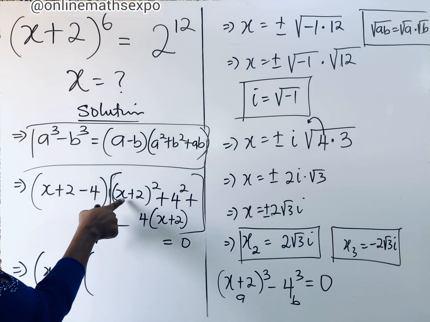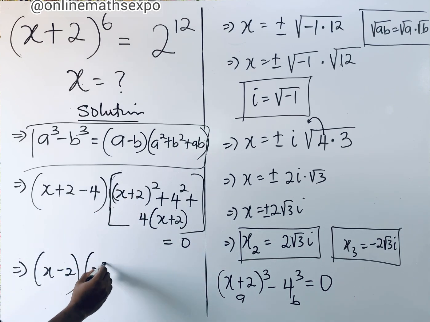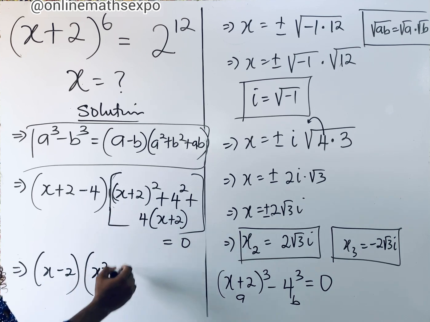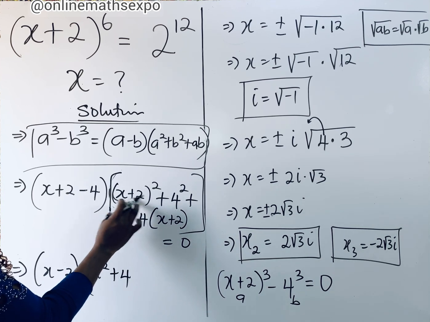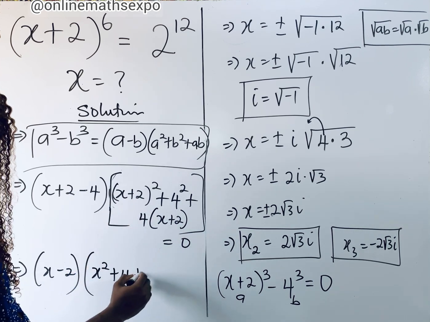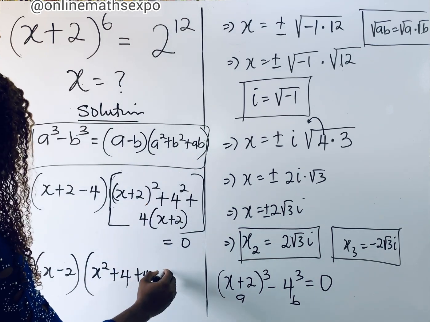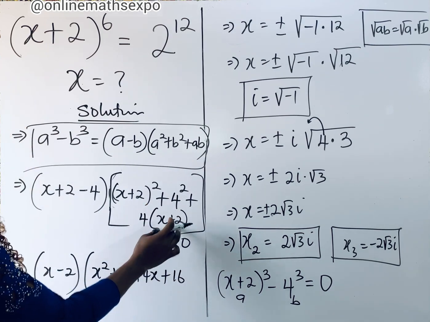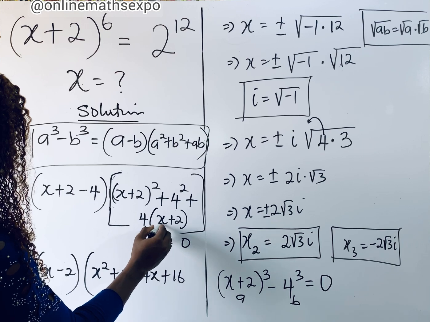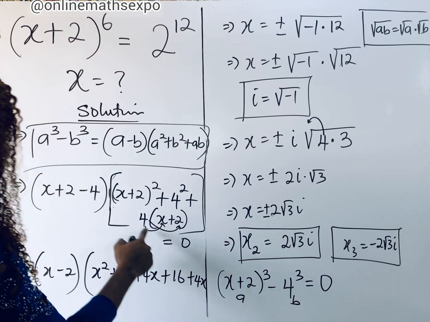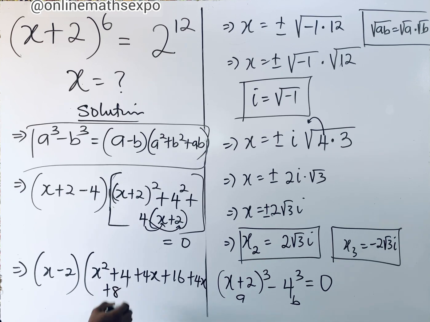Remember what we stated? So we're going to have x squared, then square these 2 also. We have 2 squared, which will give us 4. Use 2 to multiply this, it gives you 4x. I hope you've not forgotten. Then 4 squared gave us 16. Then for this, we use this 4 to distribute. 4 times this gives you 4x. 4 times this gives you plus 8.